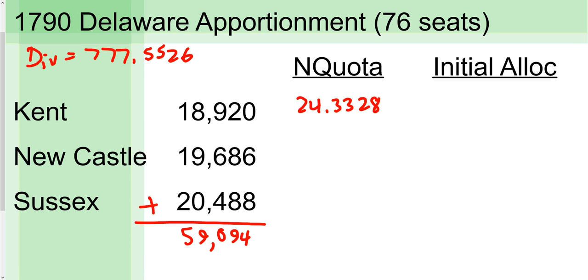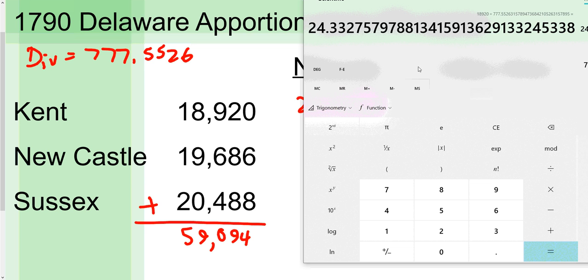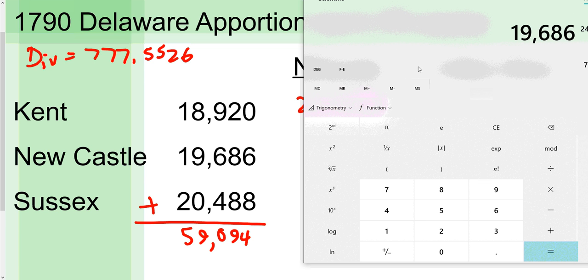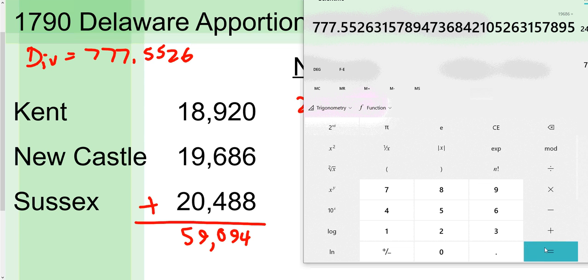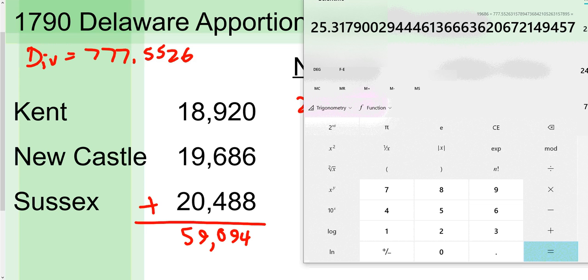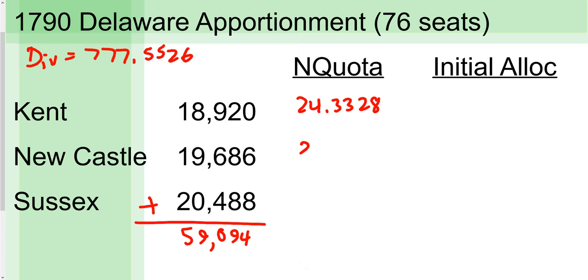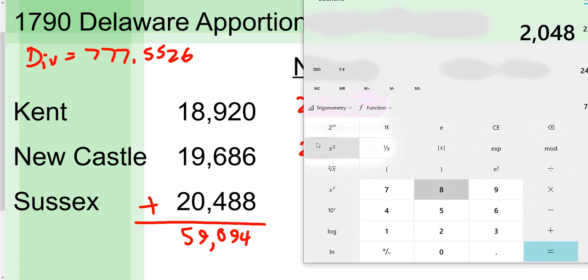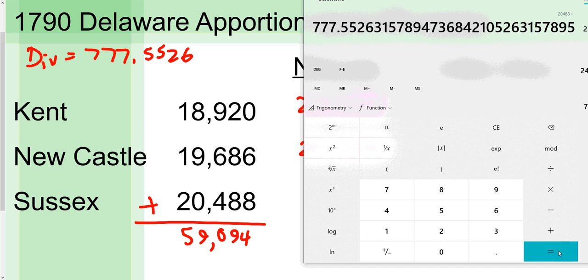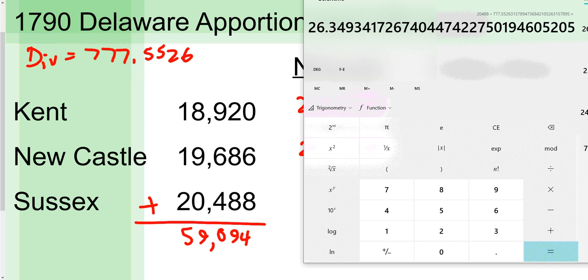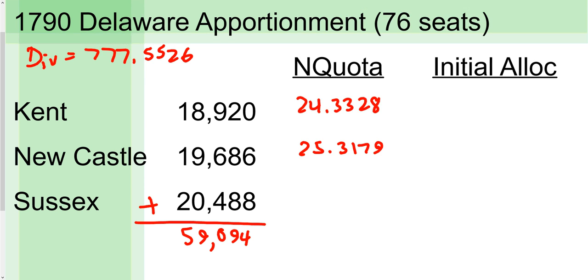And then we'll do the same for the others. 19,686 divided by the divisor, 25.317. And then finally, 20,488 divided by the divisor, 26.349.